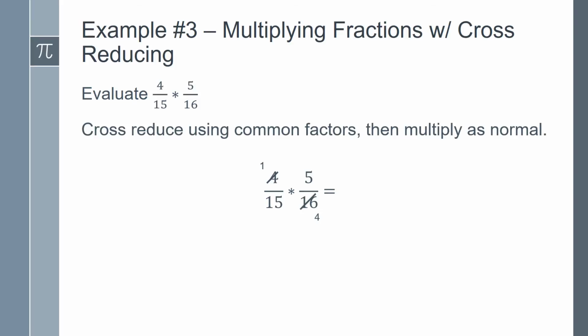Now looking at 5 and 15, we know that the greatest common factor is 5. So 15 divided by 5 is 3, and 5 divided by 5 is 1. Now we multiply straight across the numerators. 1 times 1 is 1, and straight across the denominators. 3 times 4 is 12, for an answer of 1/12. So we know that 4/15 times 5/16 equals 1/12.